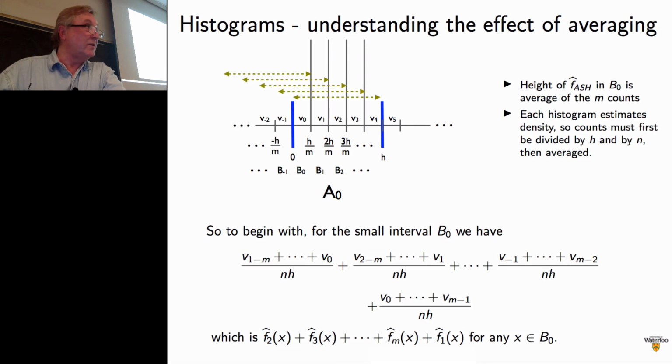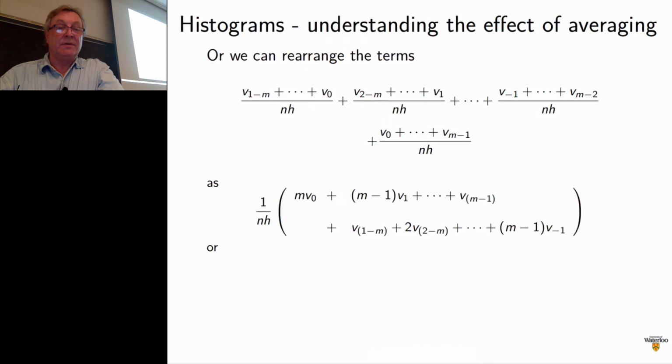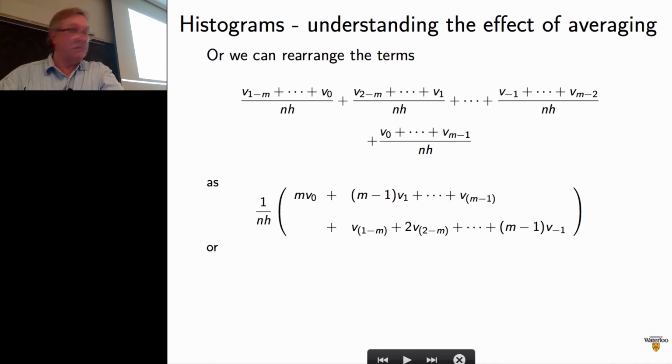Any questions so far? Okay, so I can just rearrange these terms, noticing, as I said, that V0 appears in every one, V1 appears in m minus 1, right? V minus 1 appears in m minus 1 of these things. So this is just rearranging all of this.